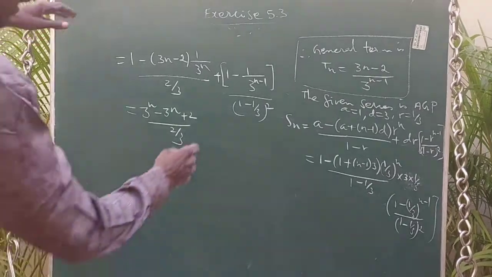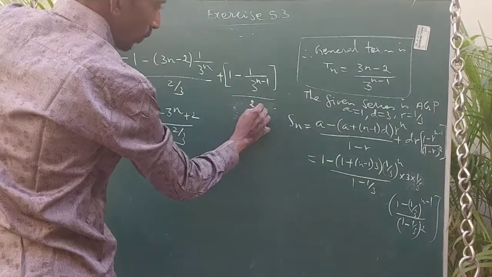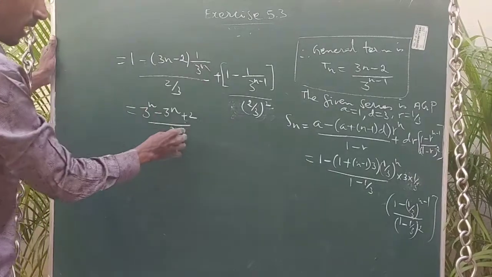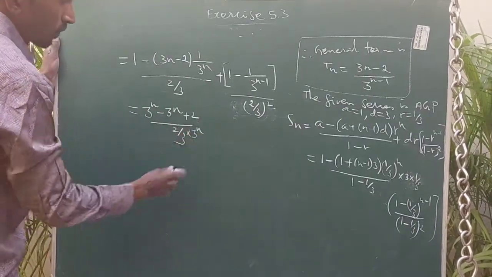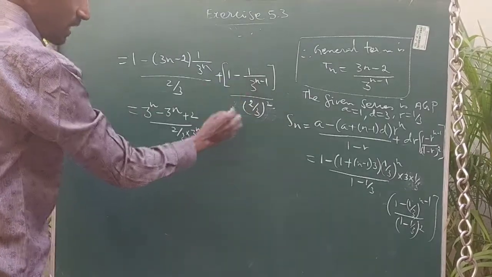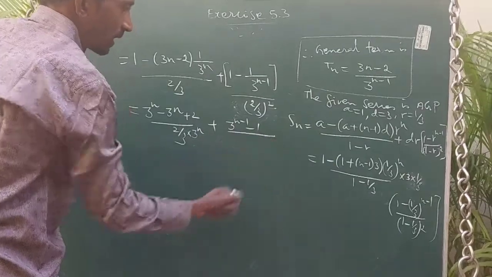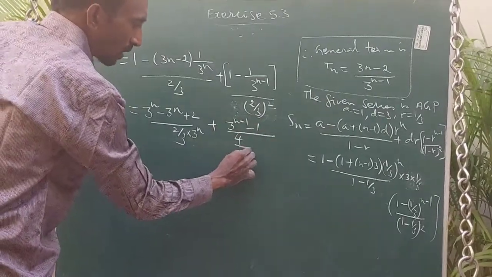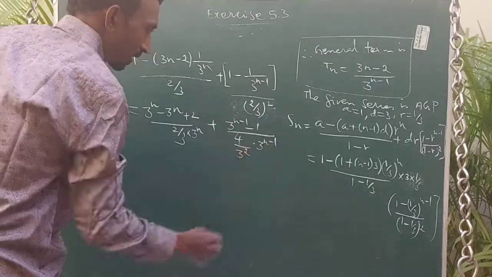Okay student, here 1 minus 1 by 3 is 2 by 3, the whole square. Here if we take the LCM, the denominator comes to 3 power n into 3 power n. Plus, here if we take the LCM, 3 power n minus 1, and 2 by 3 whole square is 4 by 3 square. It comes to the denominator into 3 power n minus 1.